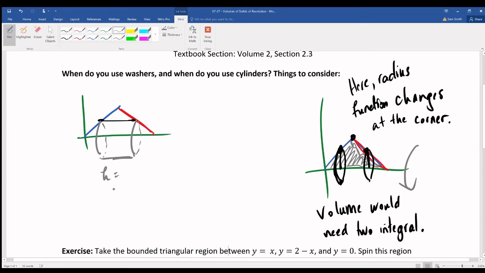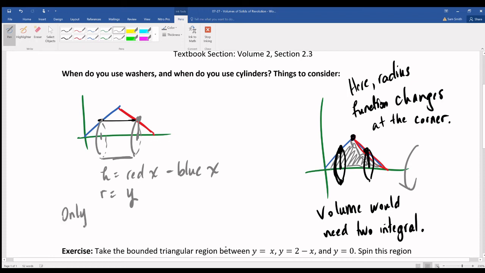So the height of this function is always going to be this red x value minus this blue x value. Top x value, rightmost x value, minus bottommost x value. And the radius is always going to be consistent as well. The radius will always just be y. It will not change.